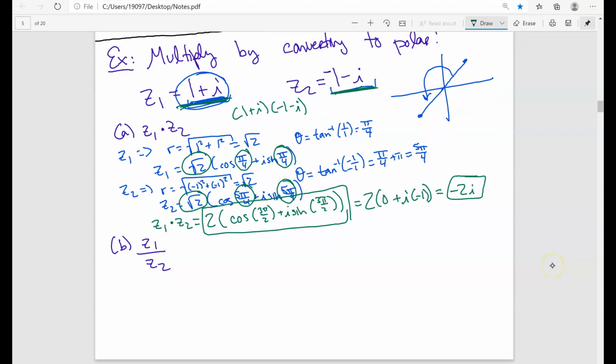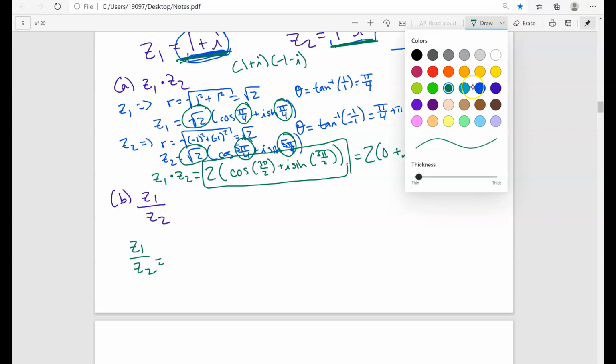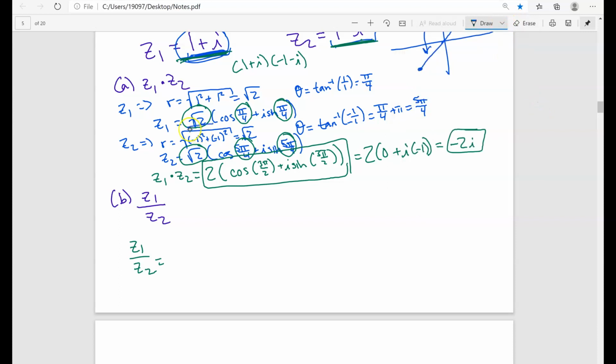Alrighty. So now how do we divide? The way that we're going to divide is now that we have them in polar form, we're just going to go ahead and use the formula, which basically means let me divide out the radius, which is going to be square root of 2 divided by square root of 2. We're going to subtract now pi over 4 minus 5 pi over 4.